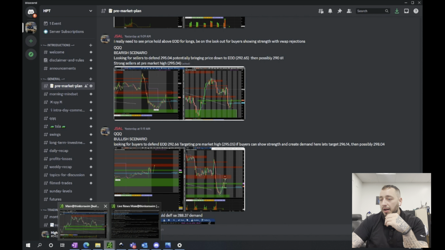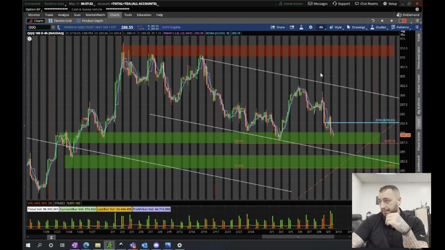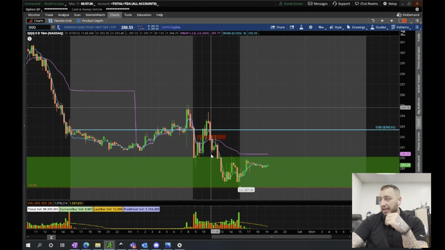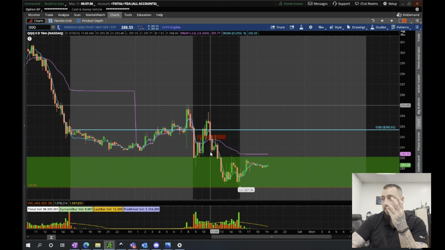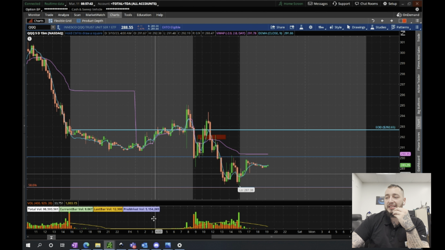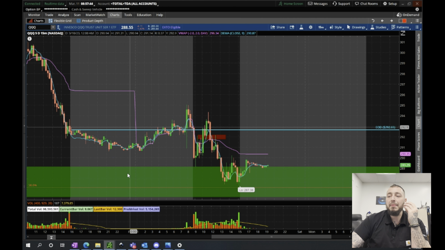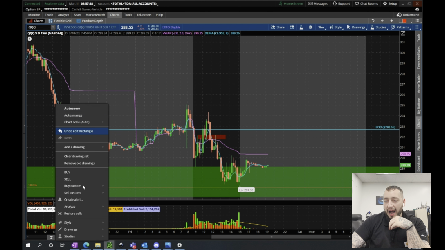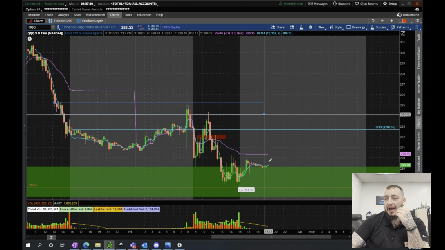So what ended up happening, and we're going to run through this, is price ripped right up into here pre-market at 295.04. In the event price can come back to this area of value, I'll be looking to take the market short. This is a prime double top, or a supply rejection.